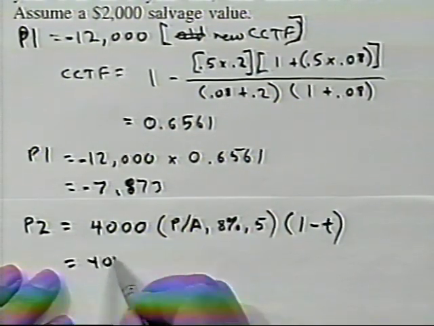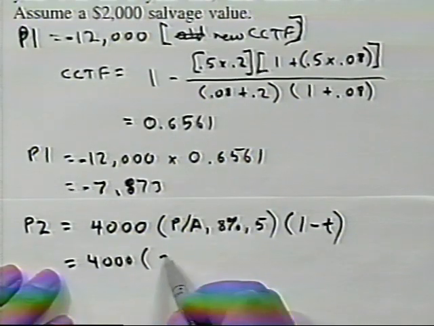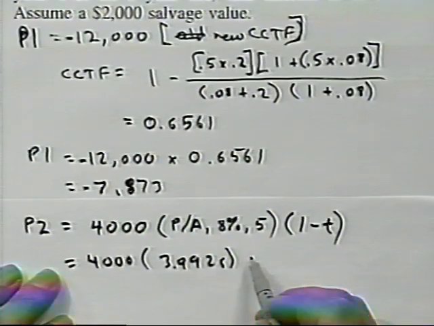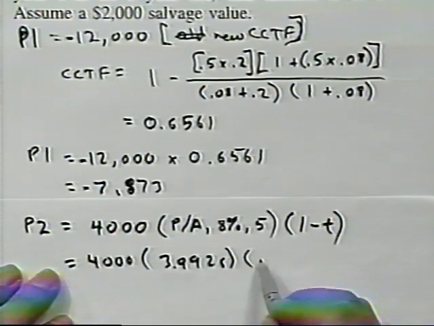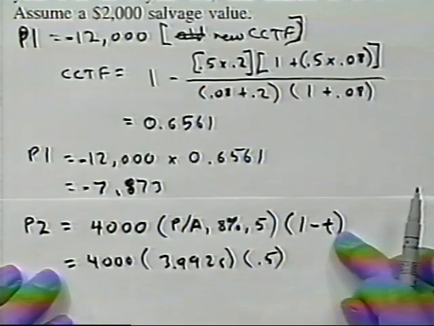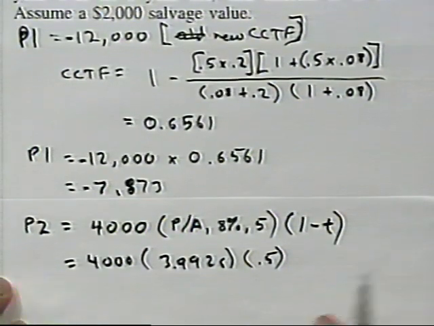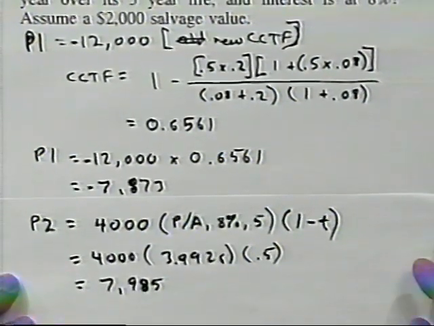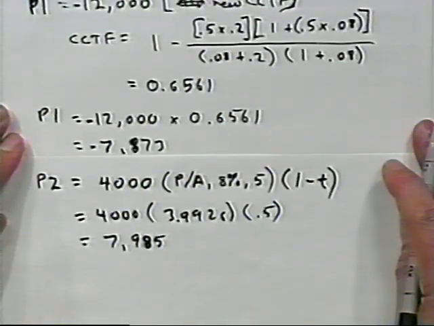That's equal to 4,000 times 3.9926 as the series present worth amount, and 0.5, 1 minus t, t is 0.5, so 1 minus t is 0.5, and that works out to be $7,985. Now this is positive this time because this is income as opposed to an expense.